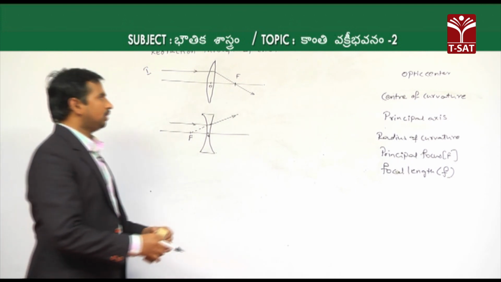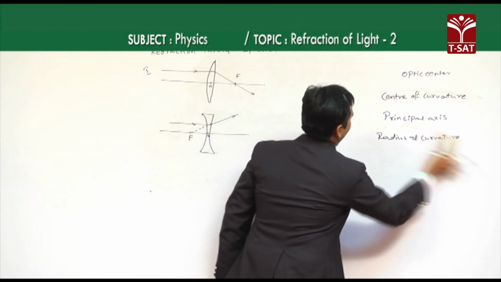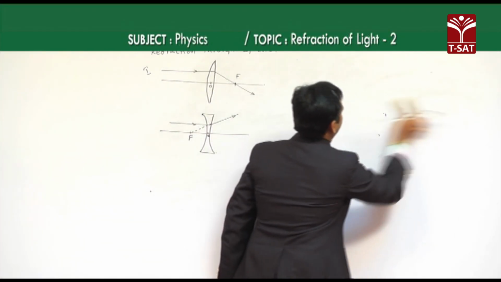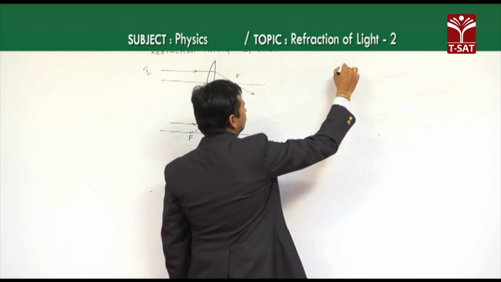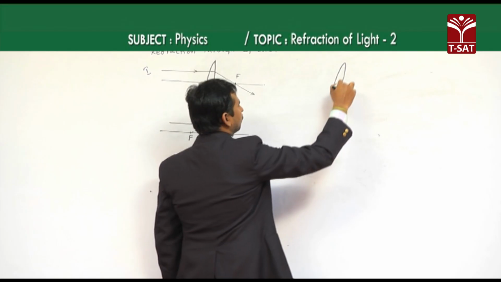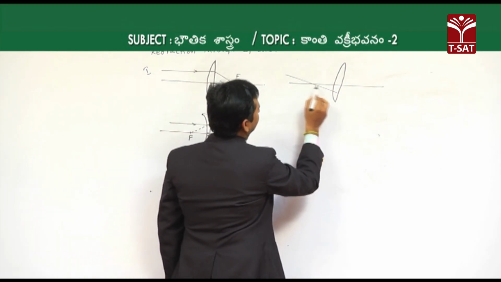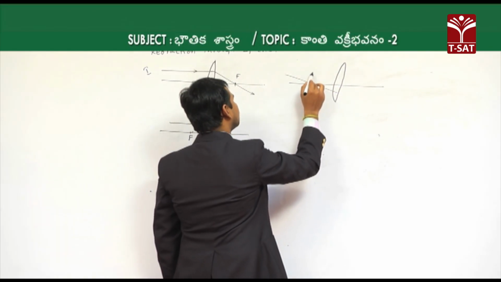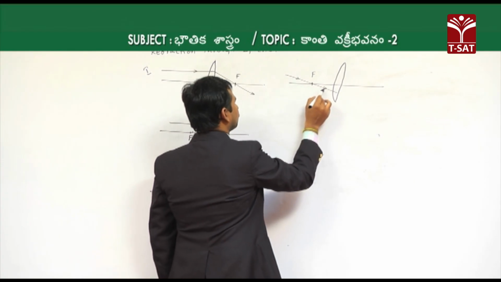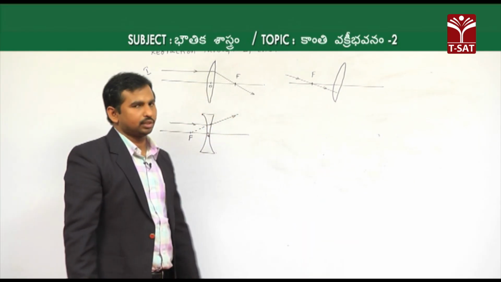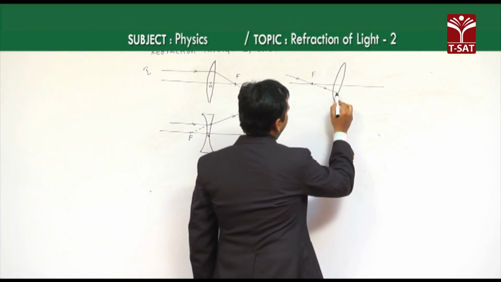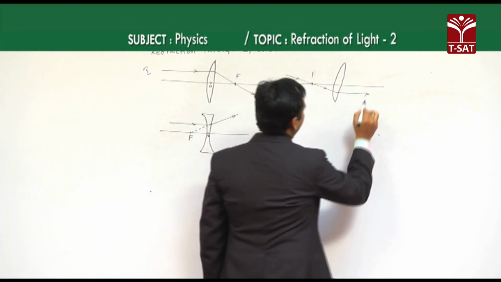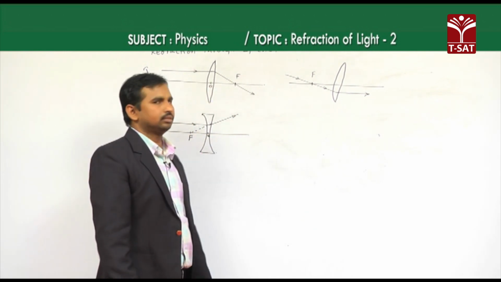Now the second one. Now we are taking a light ray that passes through the focus like this. If the light ray passes through any one of the focus, after refraction the light ray passes parallel to the principal axis like this.